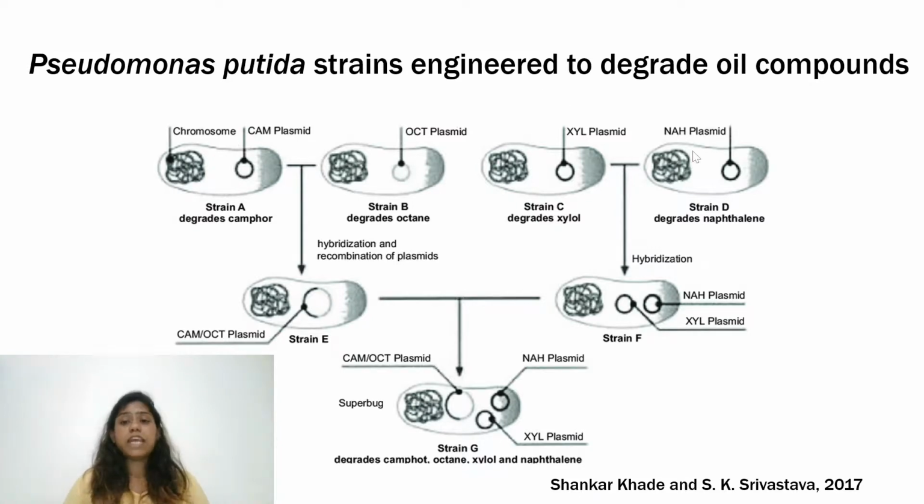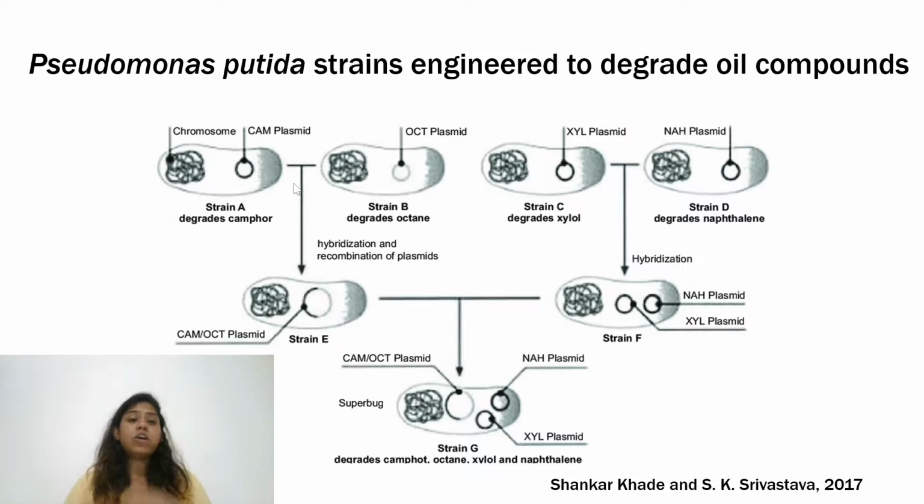These plasmids can be exchanged between each other through openings like pili and so on. So they transmit that plasmid from one organism to another through a process called horizontal gene transfer. It can also be released to the environment, and it can be taken up by another bacterium from the soil or wherever these microorganisms are present.